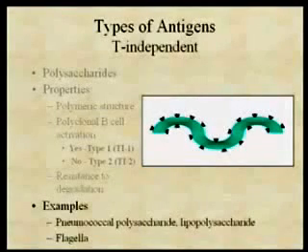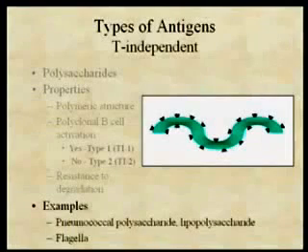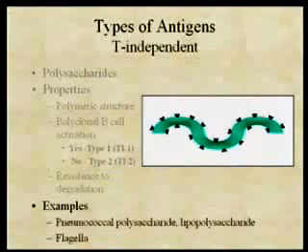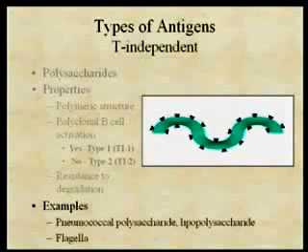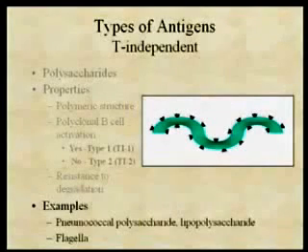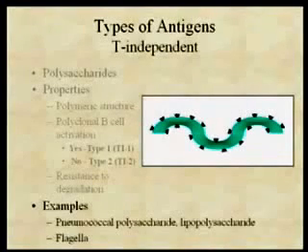Whatever epitopes flagellin might have, when you polymerize it, you just repeat those epitopes over and over again. You get many copies of whatever epitopes flagellin had. As a consequence, you generate a structure that has the properties of a T-independent antigen, and this becomes T-independent. But by and large, the vast majority of the T-independent antigens are polysaccharides. So if you see polysaccharide, you should think that it's likely to be a T-independent antigen. But keep in mind, there can be proteins that act as T-independent antigens.